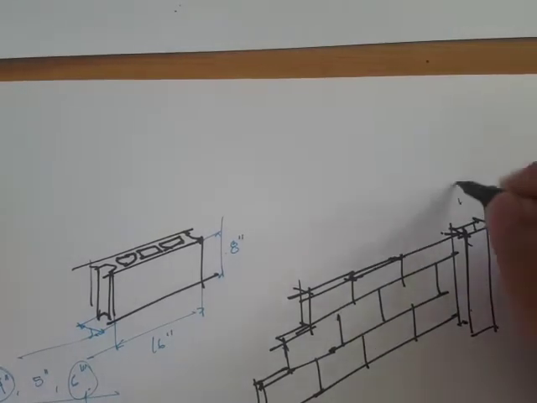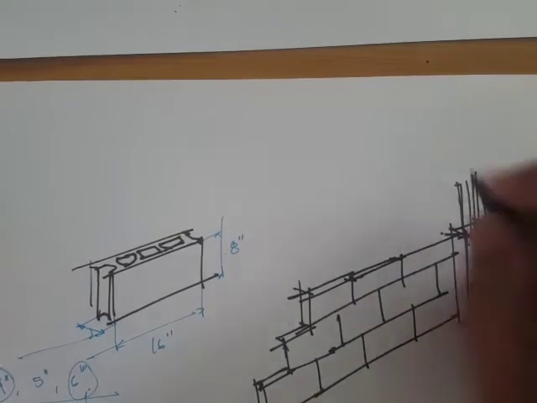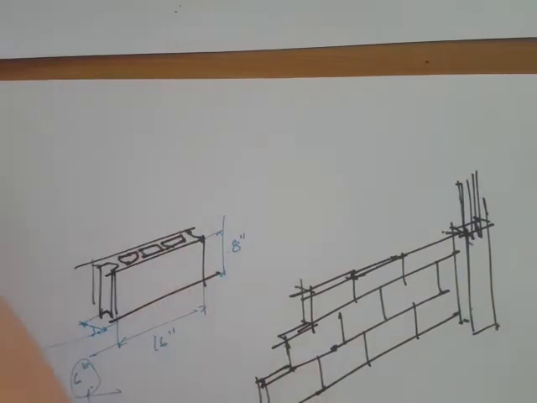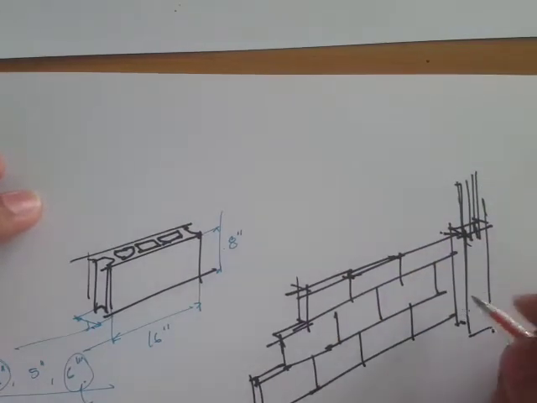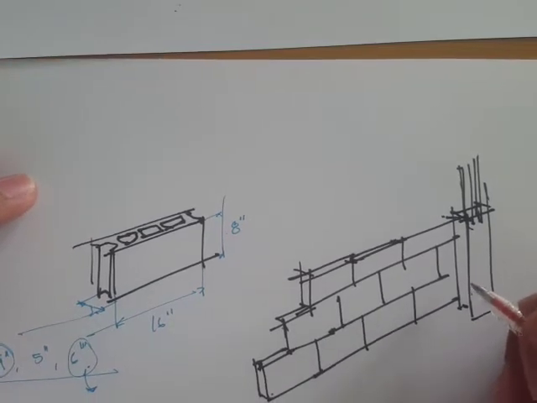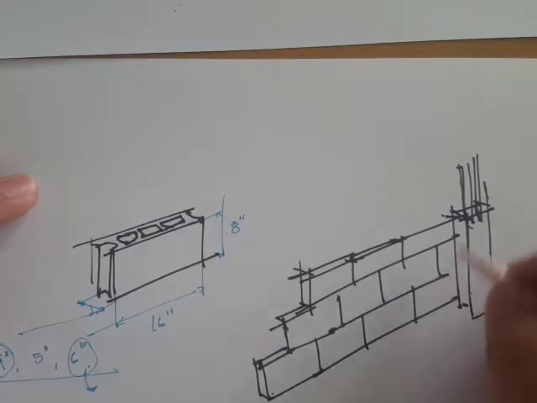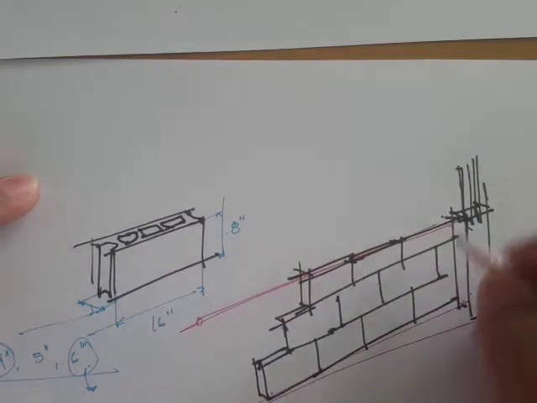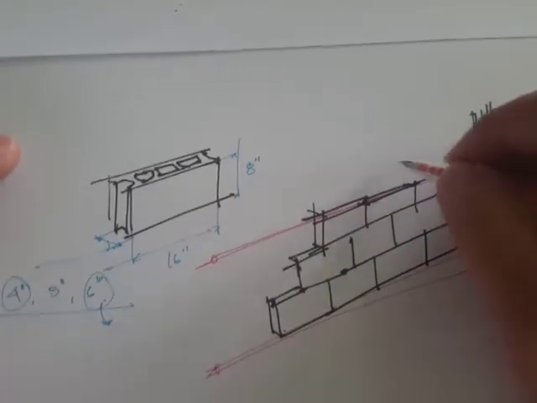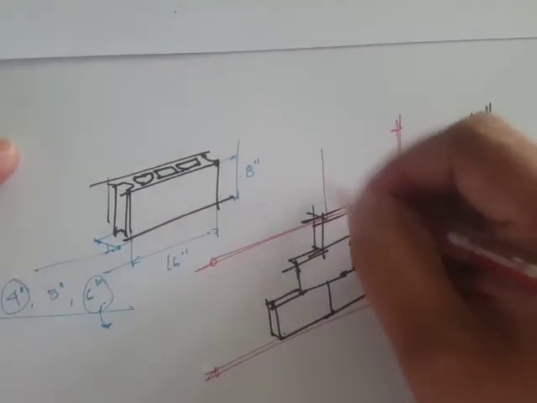Okay, and we have these columns for example, and we have the rebars for the columns. We also have rebars for the CHB walls, concrete hollow blocks. So we have horizontal rebars. Then we also have vertical rebars at some spacings.